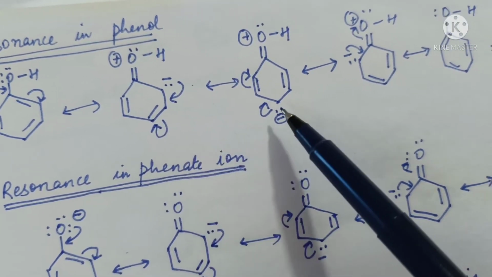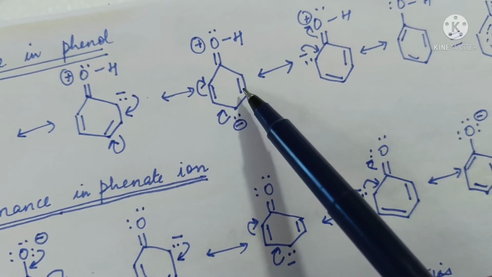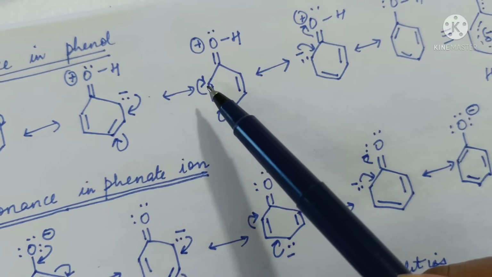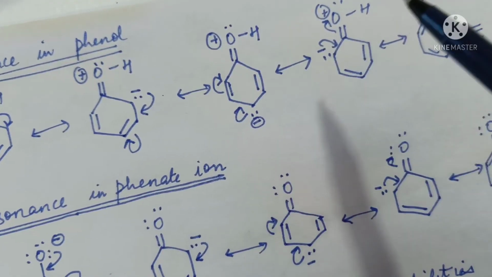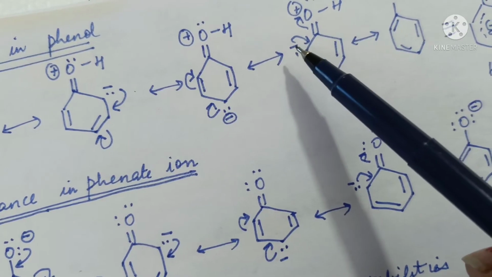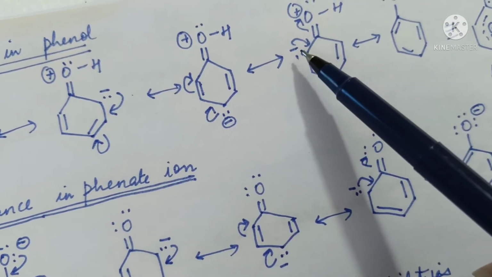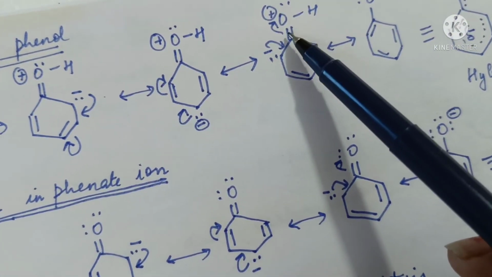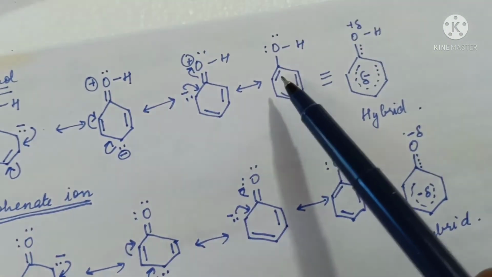So as a result, a negative charge results here and a double bond is formed here. In the next structure, these pi electrons move to the next position and these electrons to this position. So a negative charge results here and a double bond results here. Then in the next structure, the electrons migrate to the next bond and the bonded electrons move back to the oxygen atom, resulting in this structure.